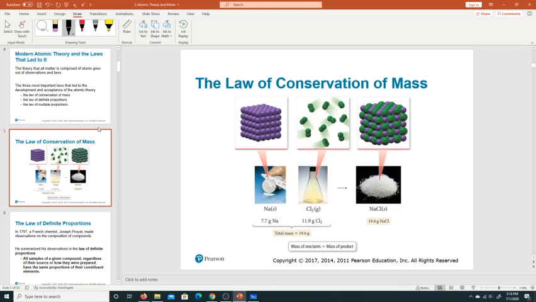So if we know how much was used in the reactants, then we know how much will be used to make the products. You can't make any more product than what you started with. So you can't have extra mass or missing mass. That just doesn't really happen, at least using the equipment that we have available to us. So basically the sum of the parts gives us the mass of the total. That's the law of conservation of mass. Basically, matter cannot be created or destroyed.